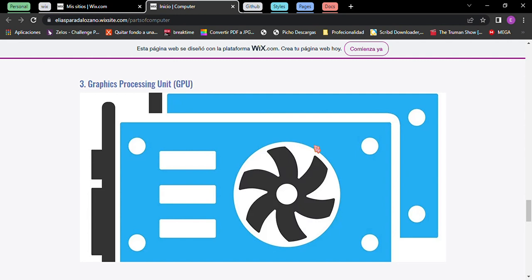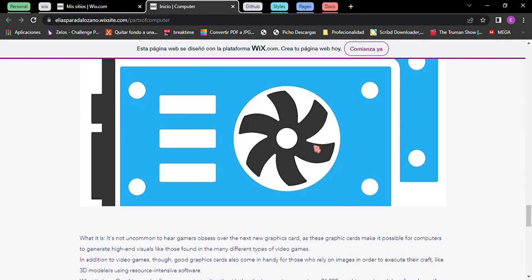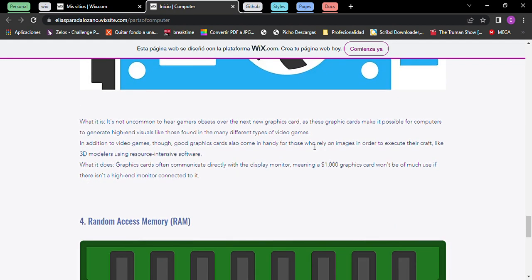Number three, graphic processing unit (GPU) or video card. What it is: it's not uncommon to hear gamers obsess over the next new graphics card, as this graphics card makes it possible for computers to generate high-end visuals, like those found in many different types of video games.